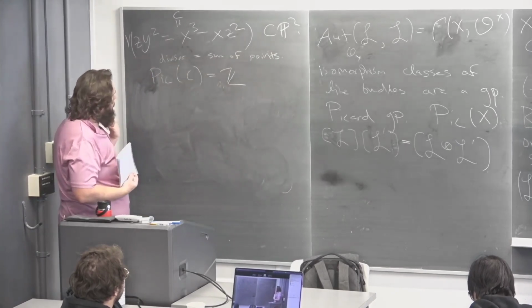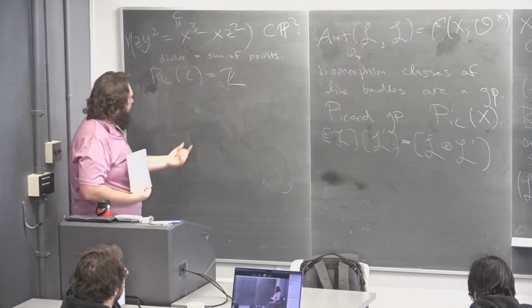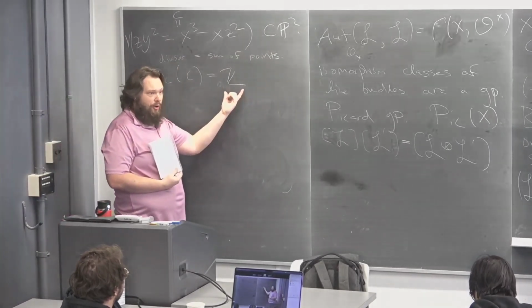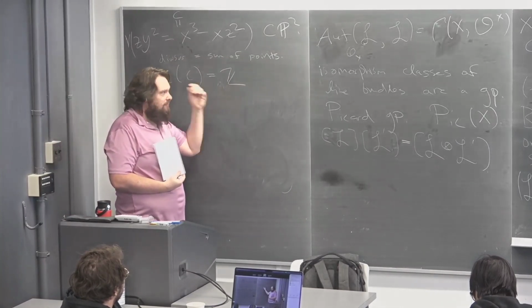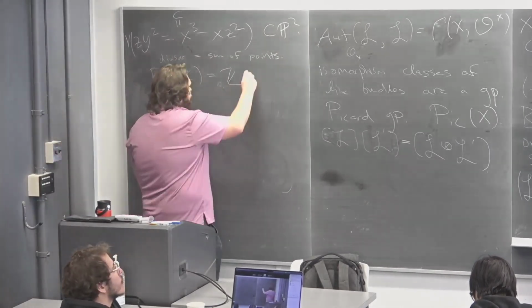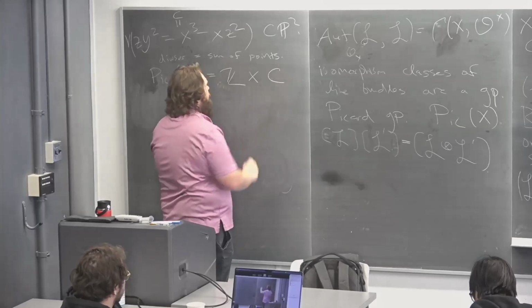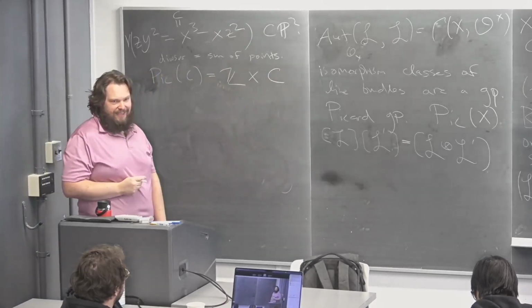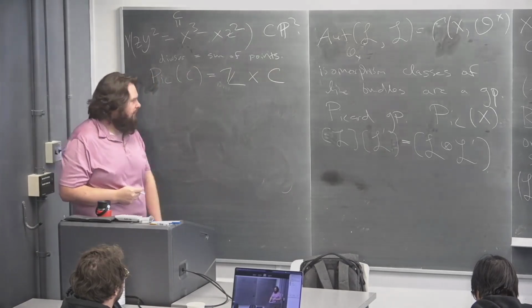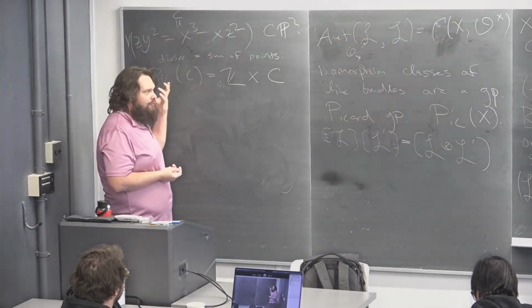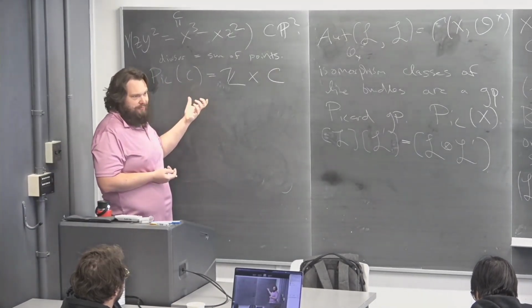And it turns out there's a Z that measures how many points are there, up to sign. But then there's an extra component, which is actually in bijection with the curve itself. And this is the additive structure on the elliptic curve.